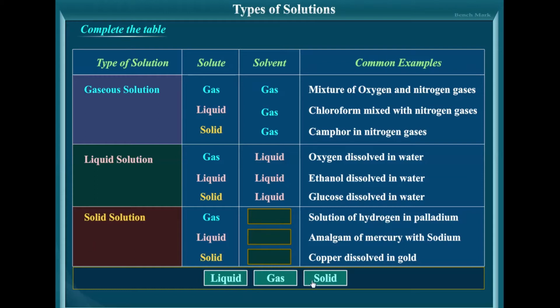Next are solid solutions, in which the solvent is solid. First, gas in solid, for example a solution of hydrogen in palladium. Next, an amalgam of mercury with sodium. Here also solid is the solvent. And then copper dissolved in gold. So these are the classification or different types of solutions, which is very simple.